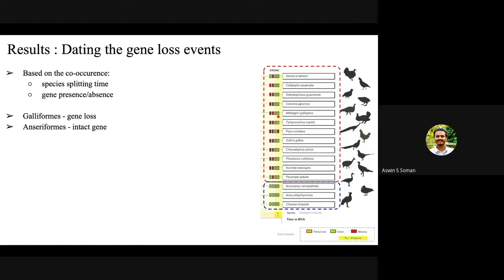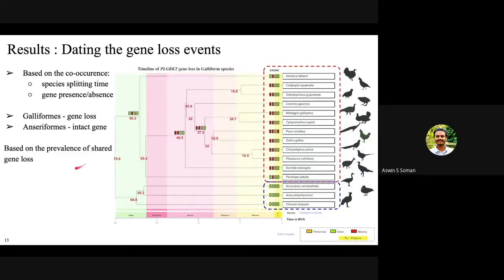So based on the prevalence of shared losses, we can see that exon 2 is lost around 68 to 80 million years ago, because exon 2 is missing in all the galliforms and it is present in anseriforms, which puts an upper bound of 80 million years ago.